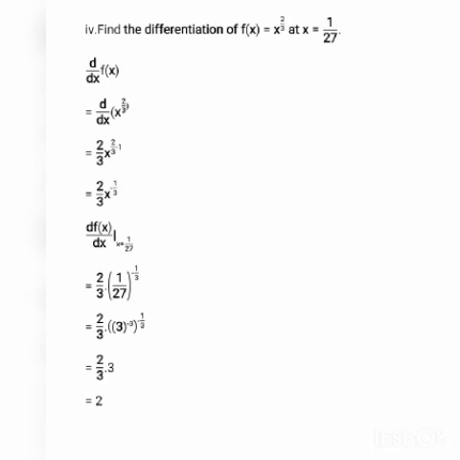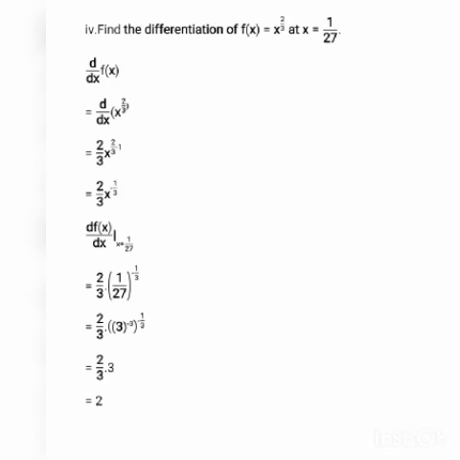That is, we will get 2 by 3 into (1 by 27) whole to the power minus 1 by 3, which is 2 by 3 into (3 to the power minus 3) whole to the power minus 1 by 3. Simplifying this, we will get 2. So the differentiation of f(x) equal to x to the power 2 by 3 at x equal to 1 by 27 is 2.